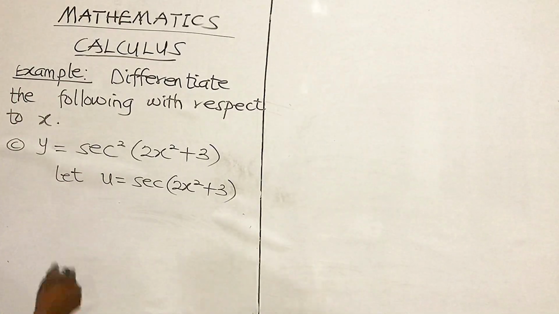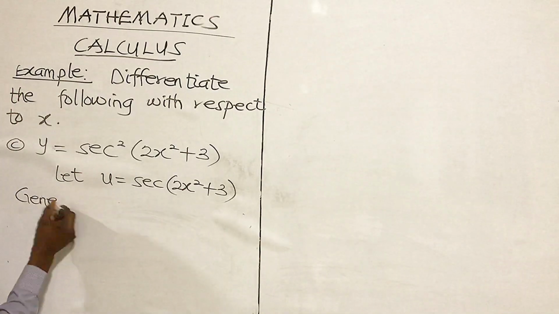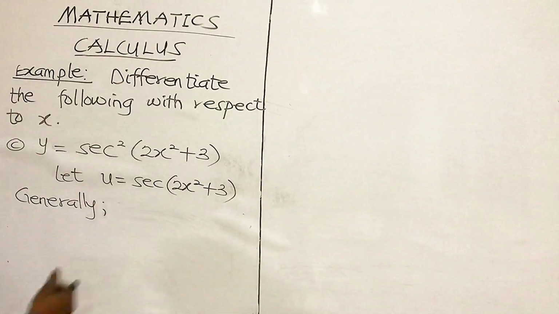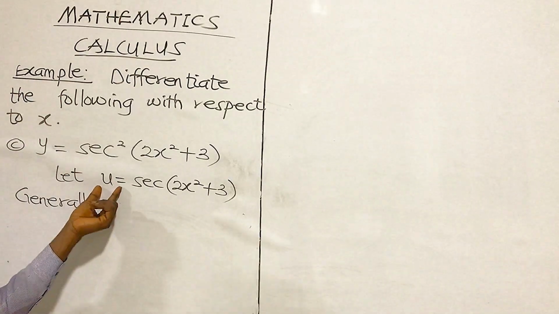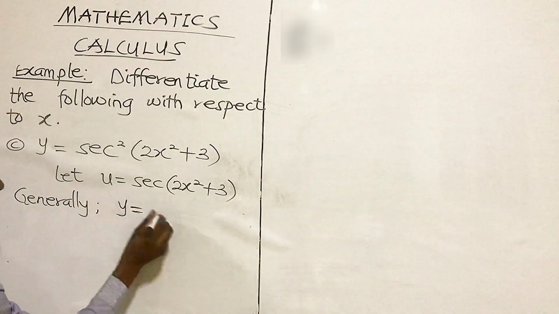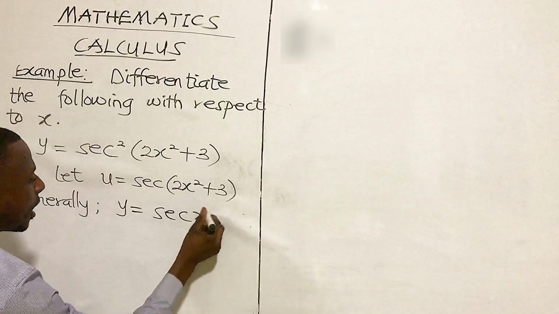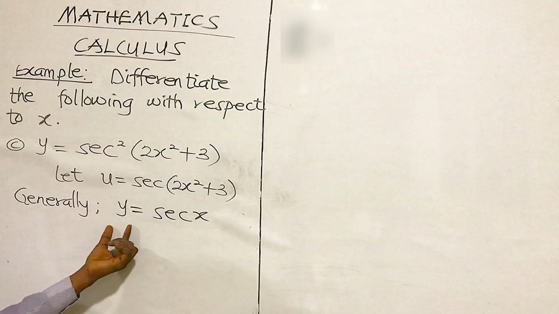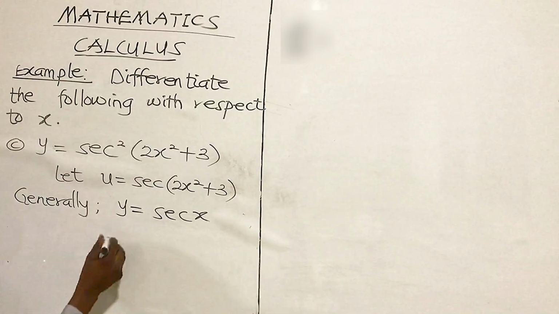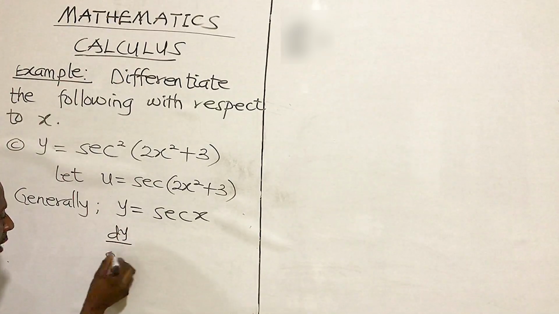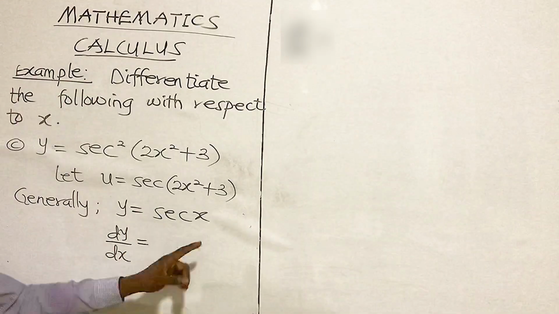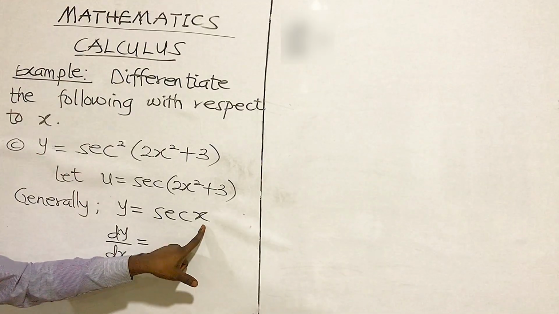Now, generally, when any letter is representing sec x, so let's say y is equal to sec x, we are going to differentiate y with respect to x. This is a general form. So we are going to get dy over dx is equal to, when we are differentiating, we are going to start from the function.